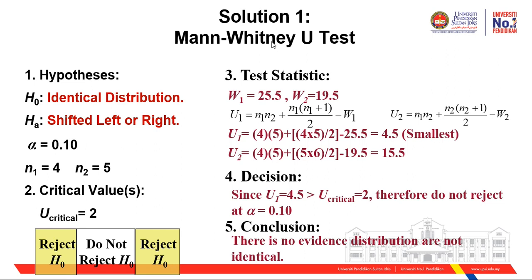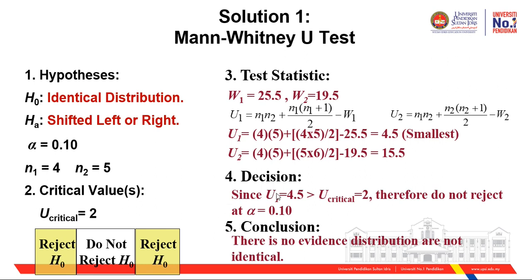What you need to do is calculate U1 and U2 using the formula. After you substitute the values, you get U1 is 4.5 and U2 is 15.5. To find the test statistic, you take the minimum between U1 and U2, and in this case U1 is 4.5.